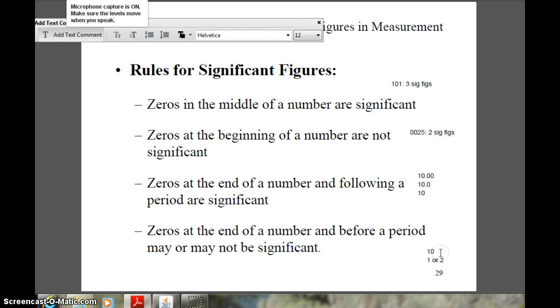And a good way, if you have a number like this, because it is dependent on the measurement, is to simply convert it into scientific notation. So for example, 10 can be written as 1.0 times 10 to the power of 1, and in that case you would say that it has 2 significant figures. But if you're writing that as 1 times 10 to the power of 1, then you're going to count only this 1, and that would mean that it has only 1 significant figure.